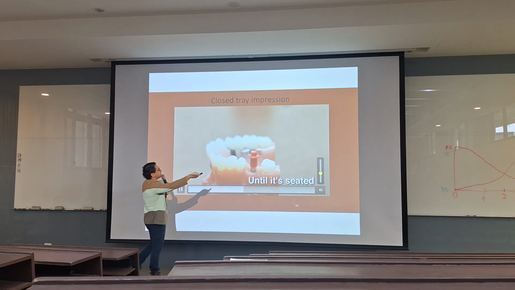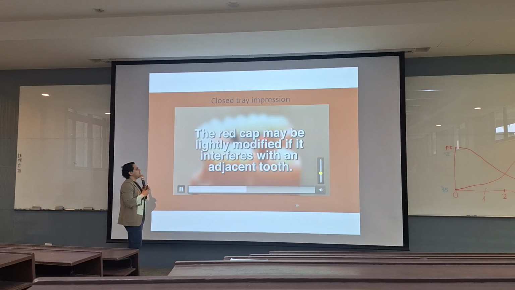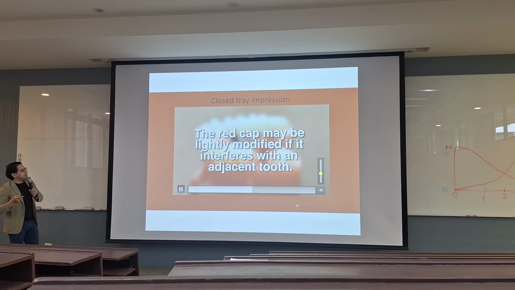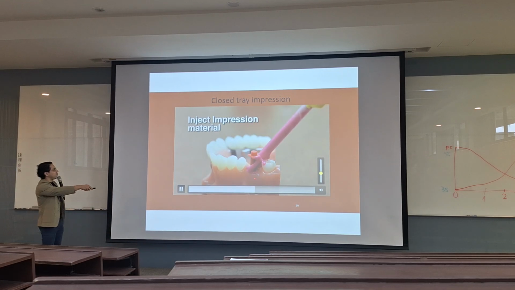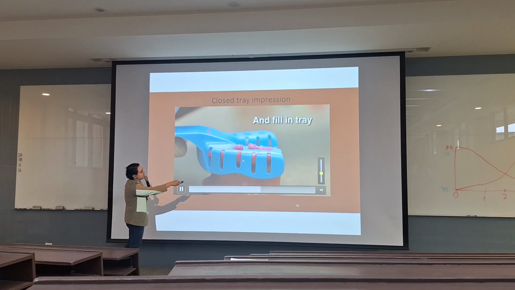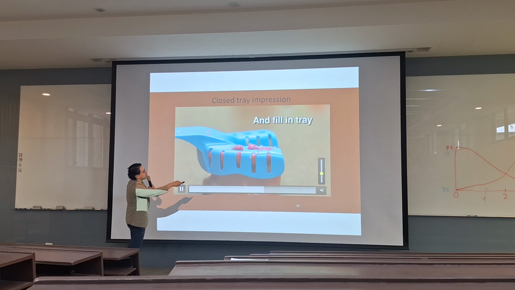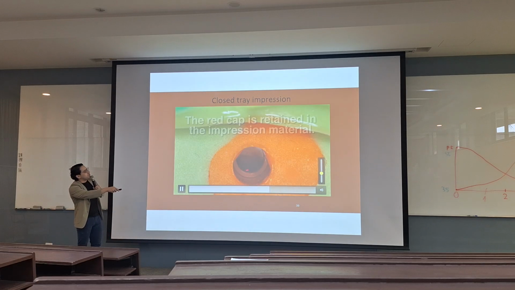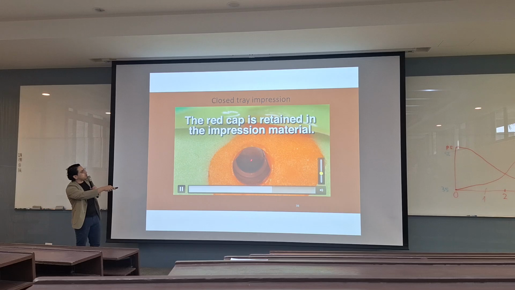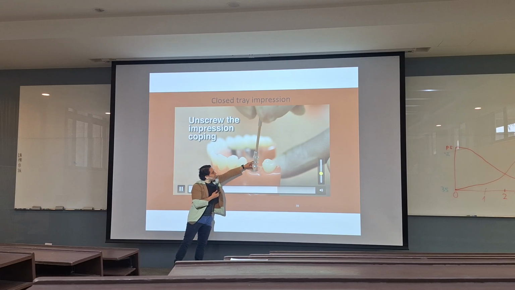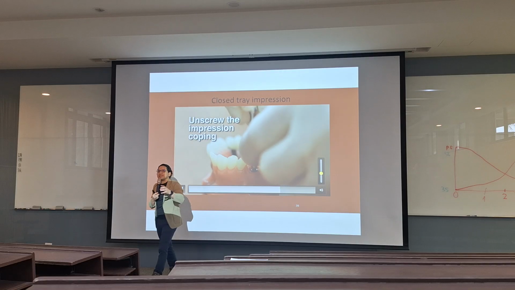In this kind of case, they have an extra material, because we want to take care of the soft tissue and hard tissue. So we will have two different types of material. We will use a light body, which will be attached, and then we will use the heavy material, so we can make an impression of the soft tissue and hard tissue. Now, each company has a different shape for those posts, and that's the idea.